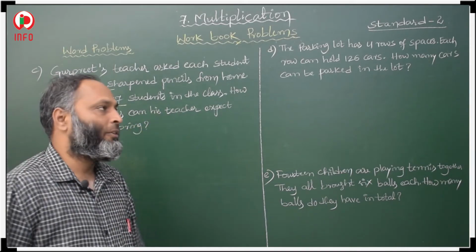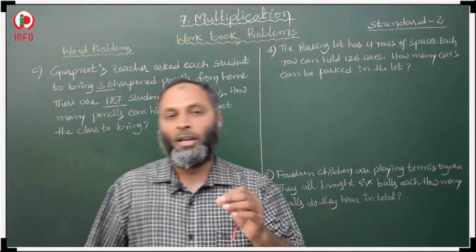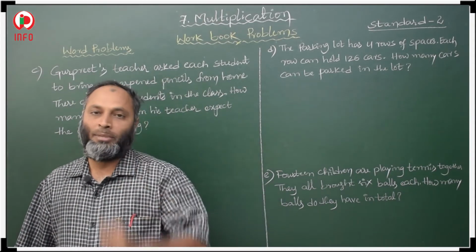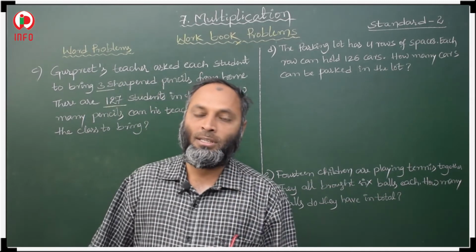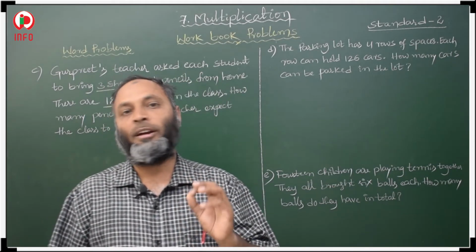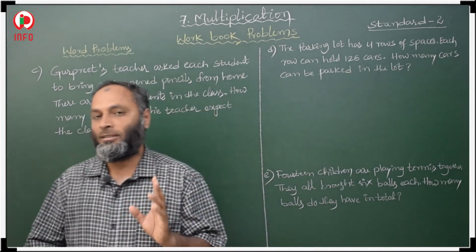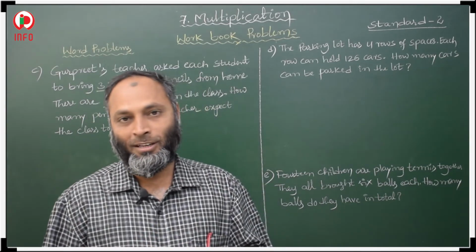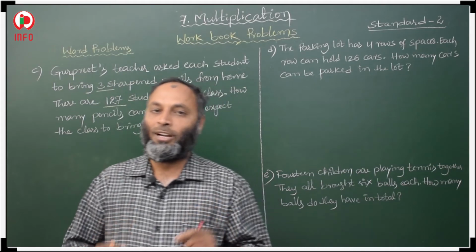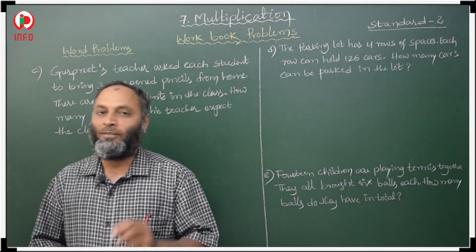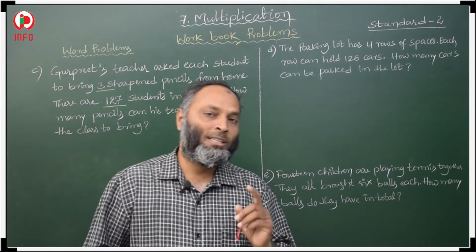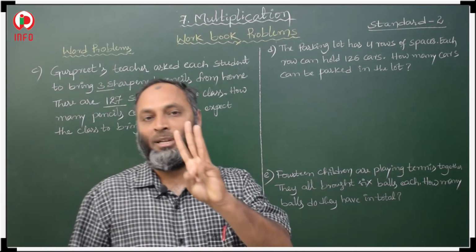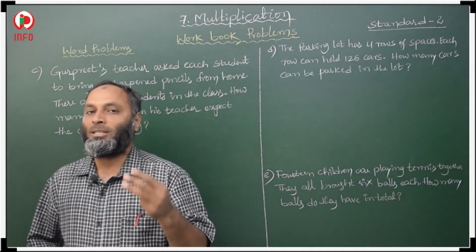Here, a total of 127 students were there. Each student should bring 3 sharpened pencils. The teacher is also there in the class, but there is no need to include the teacher. We only calculate for 127 students. If each student brings 3 pencils, how many pencils in the class?